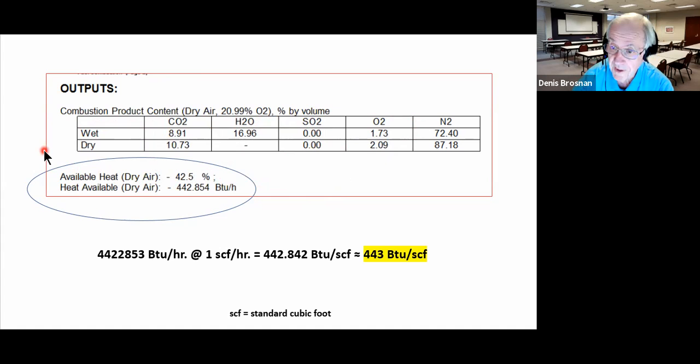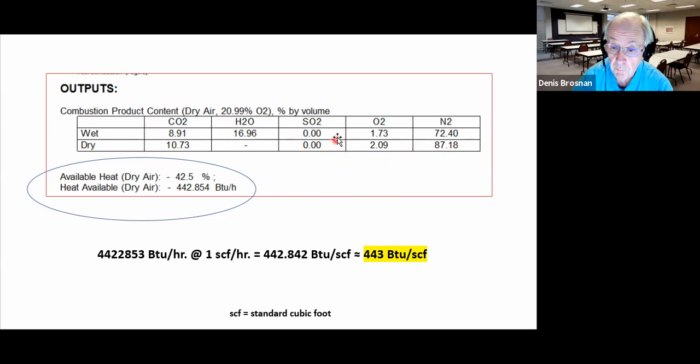Later on, we'll talk about NOx, but it's giving it as N2. The exact same analysis, but on a dry weight basis, when you take the water vapor out, as you do in a lot of pollution measurements, to quote that, you can see the numbers change a little bit because of being a dry weight basis.